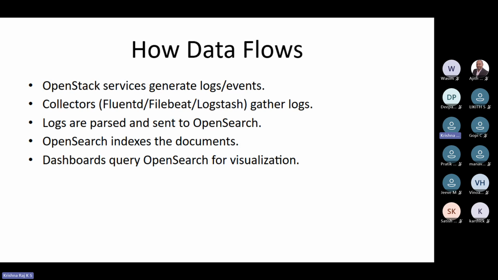We have to run one service in the cluster which pulls the logs from every service and passes them to OpenSearch. Here we use Fluentd. It does that job. It takes every log created by every service, which will pass through Fluentd, and we have a configuration there that says whichever logs come here, we need to pass to OpenSearch.